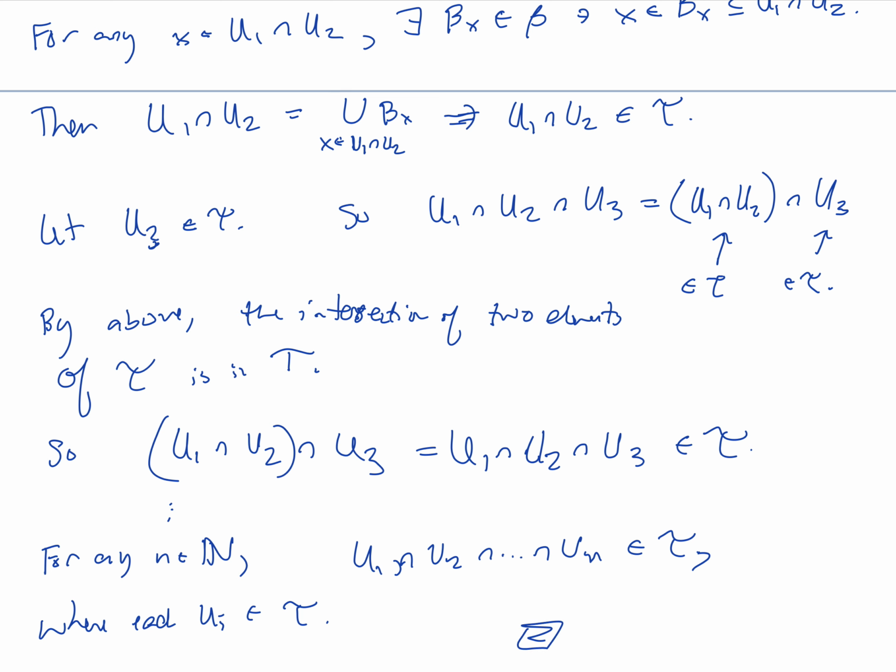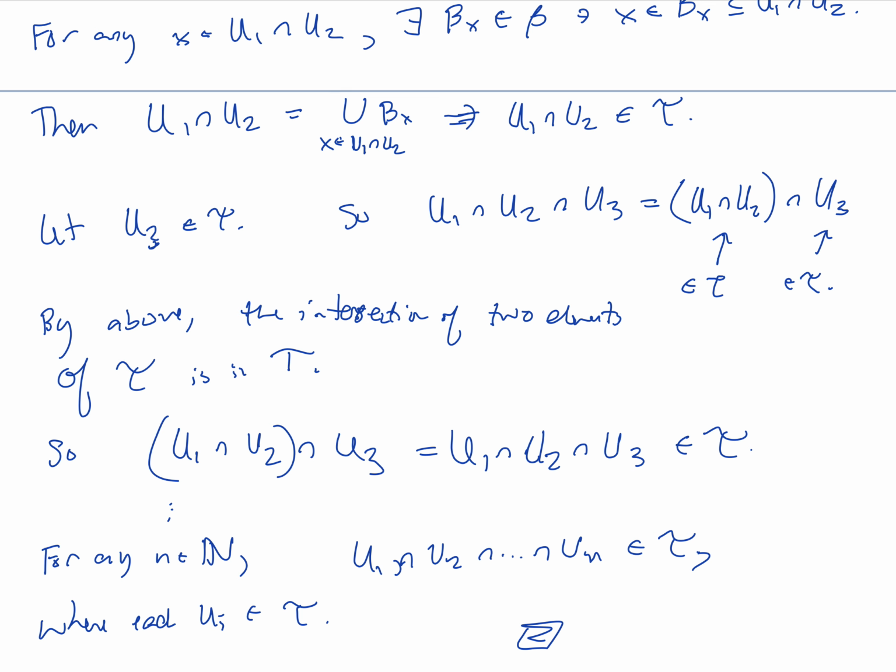So we have shown that this collection of subsets of X, beta, does generate a topology tau. Beta had those two properties above, and we showed that tau, the collection of all unions of elements of beta, satisfies the necessary conditions for being a topology on X.